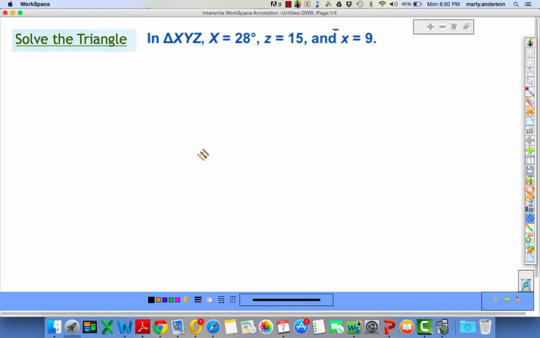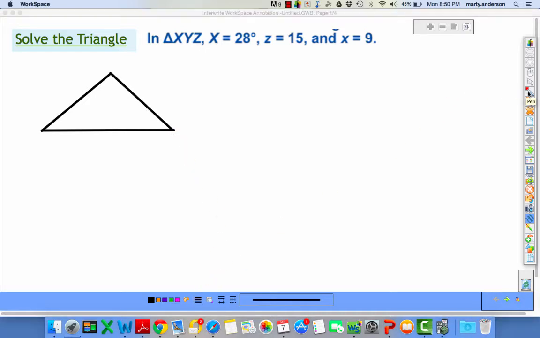So here we go. The first thing I'm going to do, I'm given this triangle XYZ. X is 28, Z is 15, x is 9. So I'm going to draw a triangle. It does not need to necessarily be drawn to scale. I'm going to draw it so it looks like this, I guess. Okay.